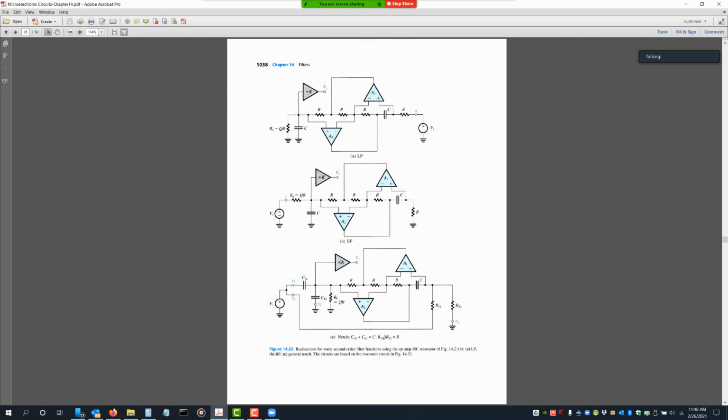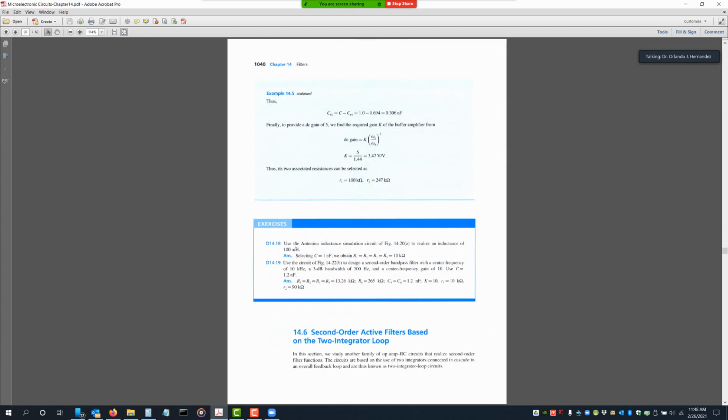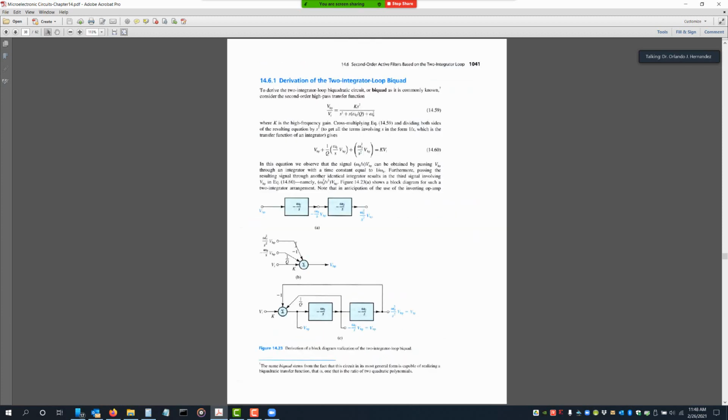All right, so the next thing that we want to look at is another type of second order active filter, which is based on a two integrators loop. That is in figure 14.23.